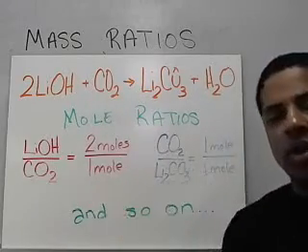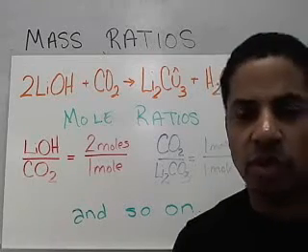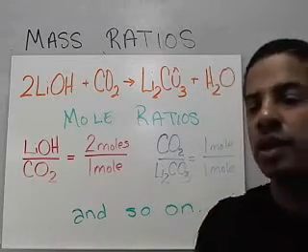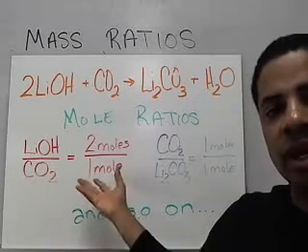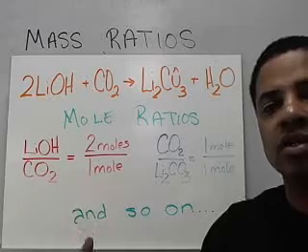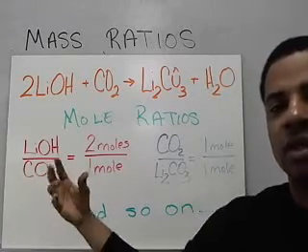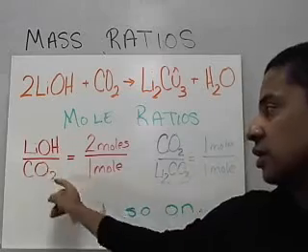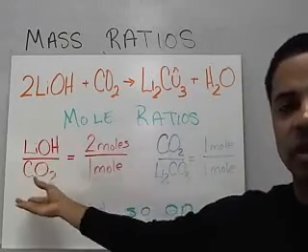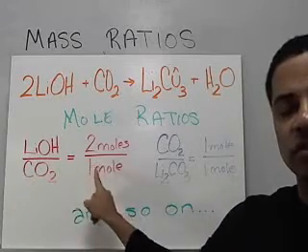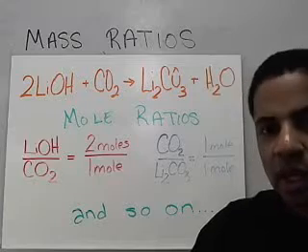Now, if you have a chemistry problem where the amounts of chemicals are given in moles, then you can use these mole ratios as conversion factors to figure out how many moles of the other chemical you have, such as lithium hydroxide to carbon dioxide. If you have a certain number of moles of lithium hydroxide, you use this conversion factor to determine how many moles of carbon dioxide you have.